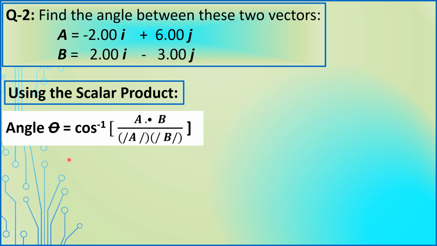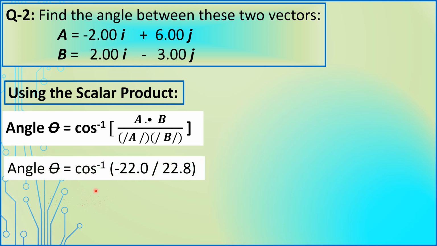Now, moving on to our calculation for the angle theta using the formula arc cosine of the ratio A dot B divided by the product of the magnitudes of the two vectors. Since we already obtained these two, the numerator and the denominator, we just substitute.